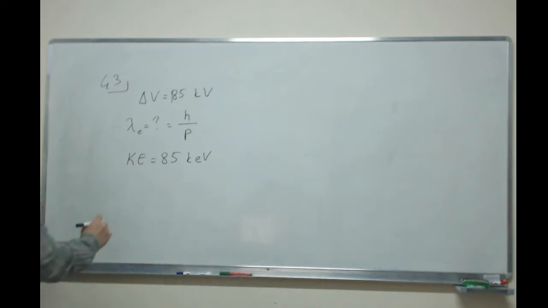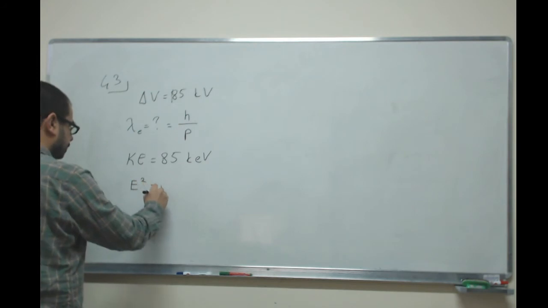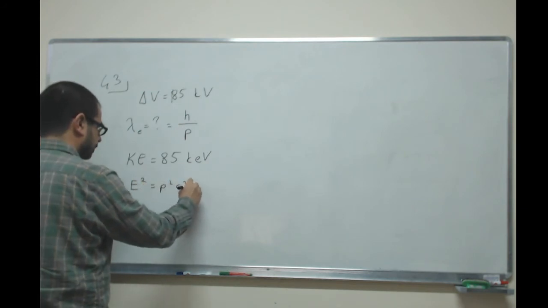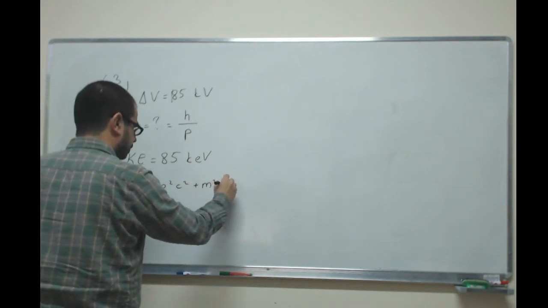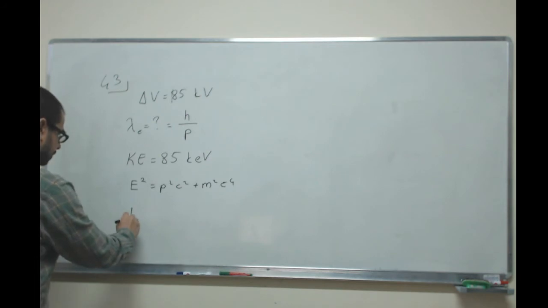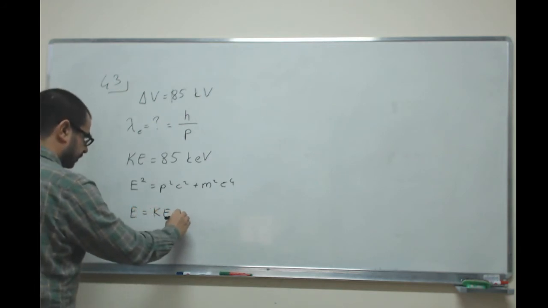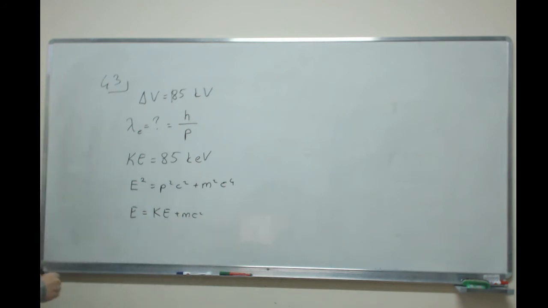So I think the easier way here is using the E squared equals p squared c squared plus m squared c to the 4 formula, because we know that E is actually just the kinetic energy plus mc squared.